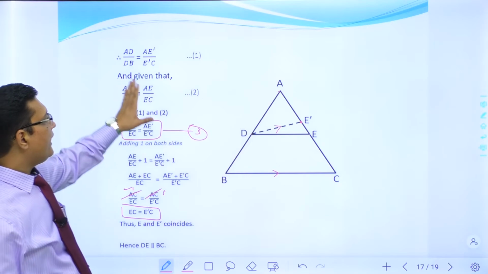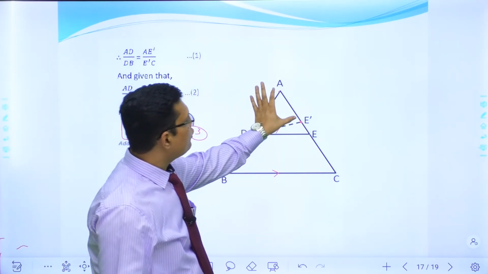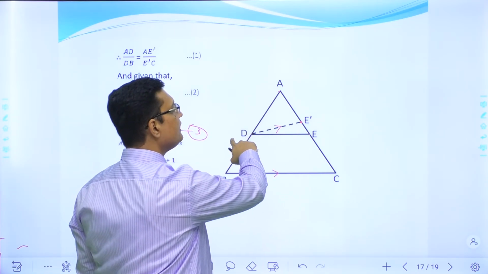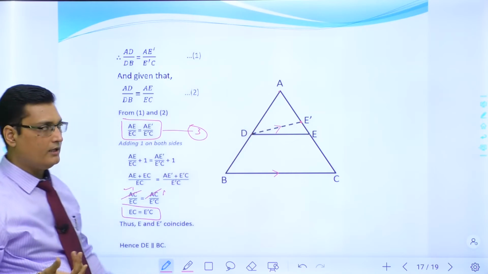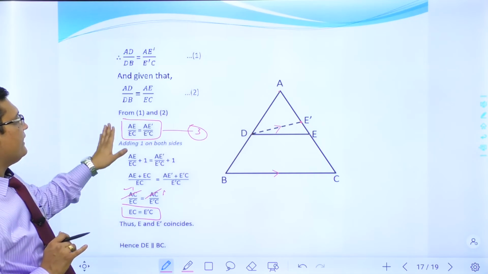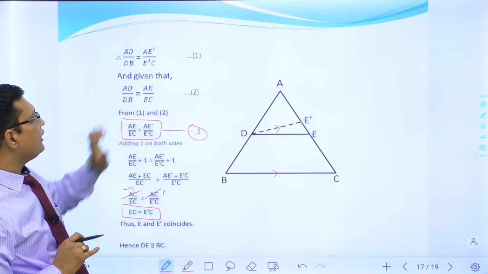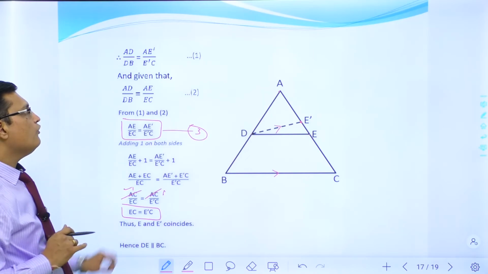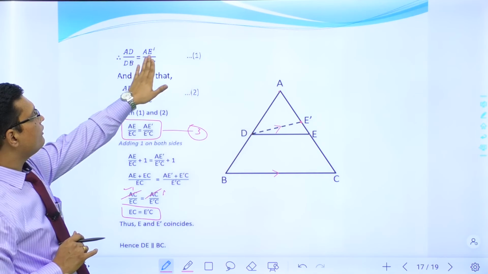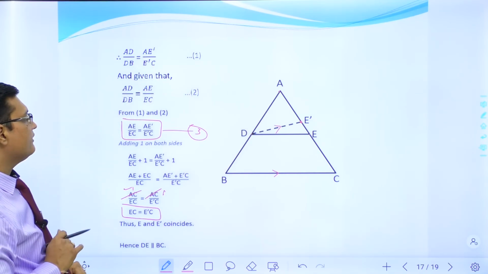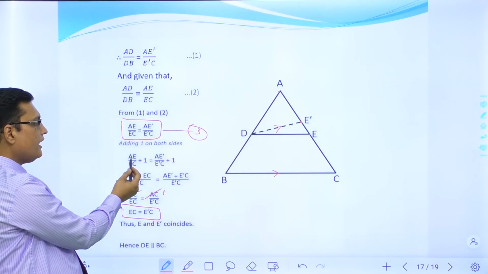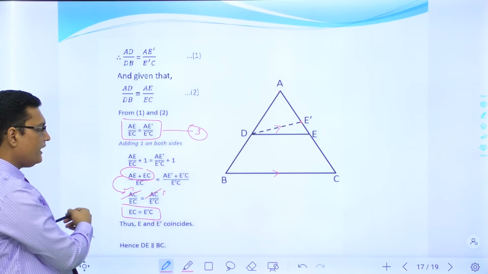Again, you understand? AD upon DB is equal to AE dash upon E dash C, because we are saying that DE is not parallel, then another line DE dash should be parallel. That's why AD upon DB is equal to AE dash upon E dash C we got. Then it was already given AD upon DB equal to AE upon EC. Now after equating these two, we get AE upon EC is equal to AE dash upon E dash C. Adding 1 both sides and taking LCM, we get AE plus EC, that can be written as AC.